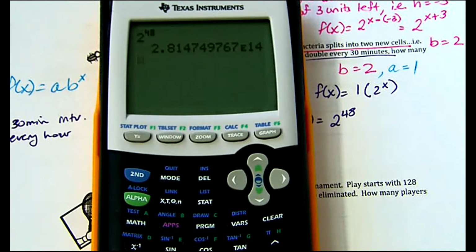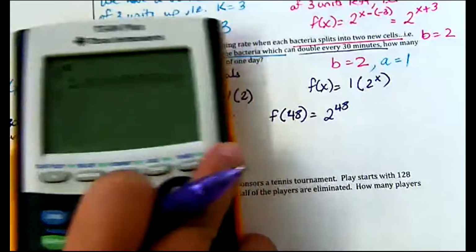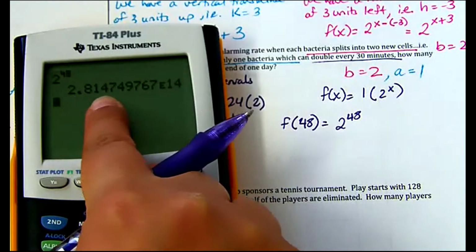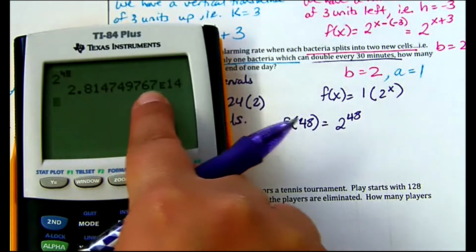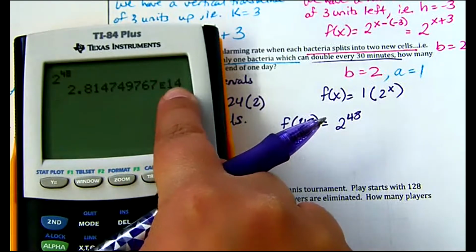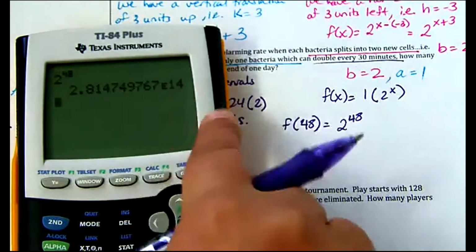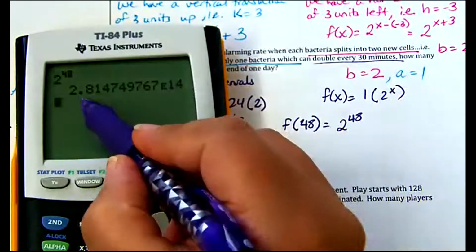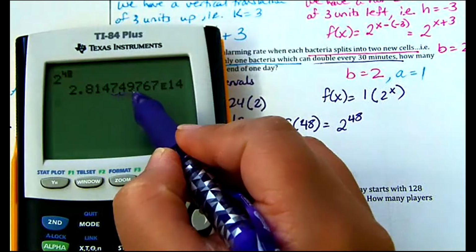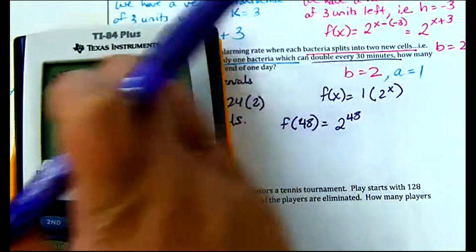Okay. Gave me scientific notation. It's 2.814749767 times 10 to the positive 14 power. Okay, so that means move my decimal here 14 places to the right. So for here, that's going to be 1, 2, 3, 4, 5, 6, 7, 8, 9.